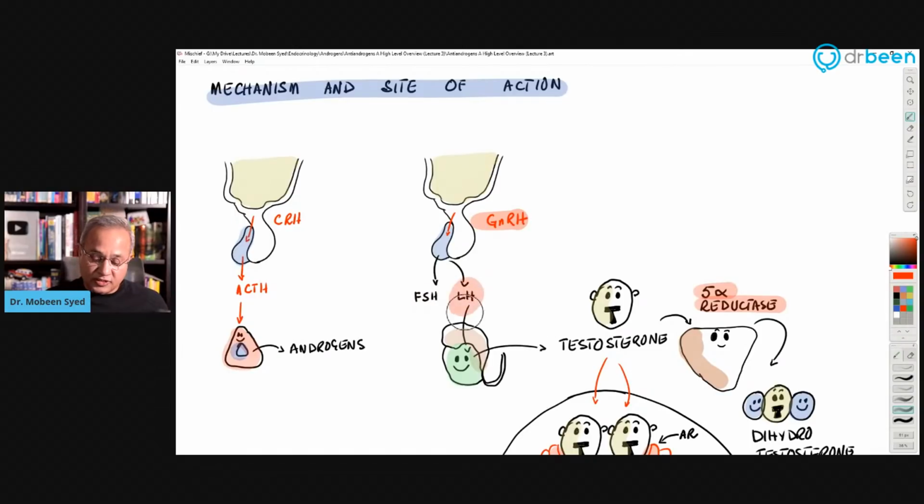And we know that luteinizing hormone in men will go to the testis and work on Leydig cells and cause them to create, synthesize and release testosterone. So here, this guy with the T on its face is testosterone.